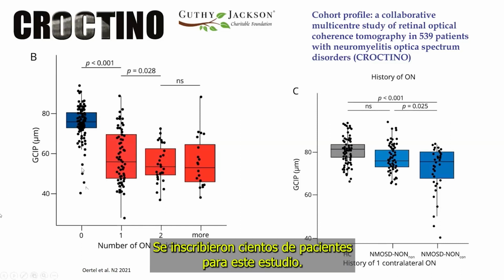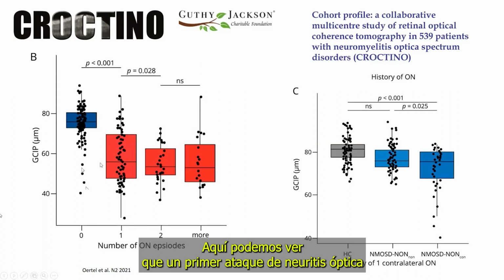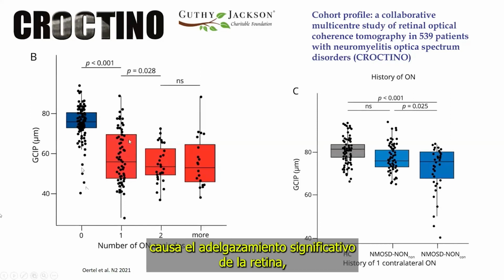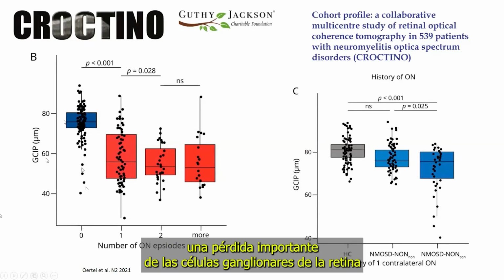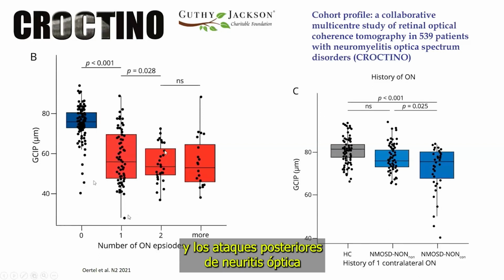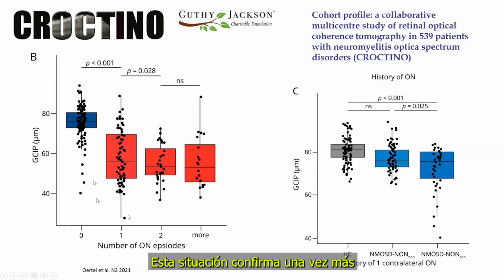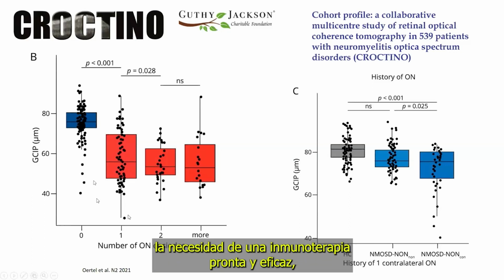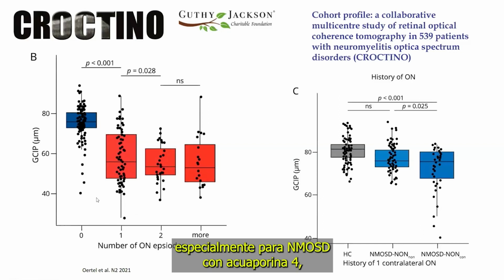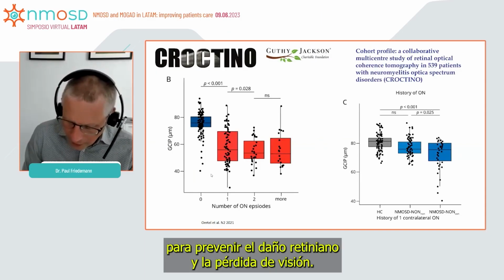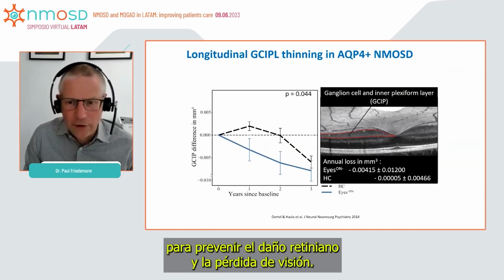Several hundreds of patients were enrolled, and you can see here that a first or one attack of optic neuritis causes a significant thinning of the retina, significant loss of retinal ganglion cells, and subsequent attacks of optic neuritis add little to this. And this again underscores the necessity for a timely and efficacious immunotherapy, especially in aquaporin 4 NMOSD, to prevent retinal damage and vision loss.